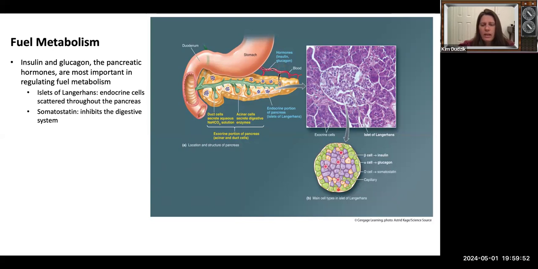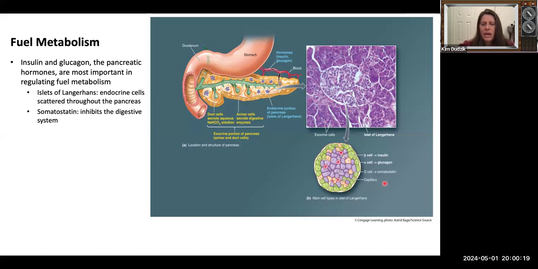Within the islets of Langerhans, you have cells referred to as beta cells. These are the purple ones here. That's what makes insulin. Then you have alpha cells, usually around the periphery. That's in green here. Those are what secrete glucagon. And then you also have cells called D cells.